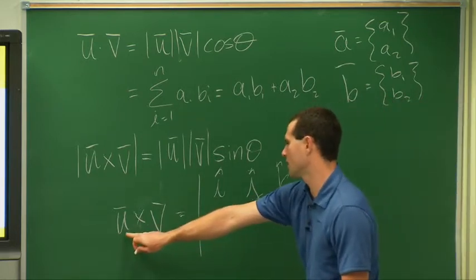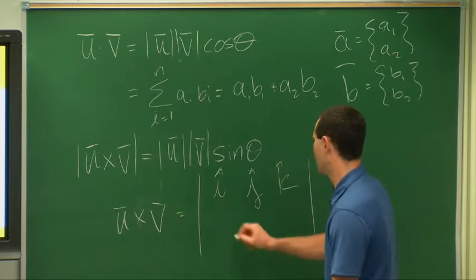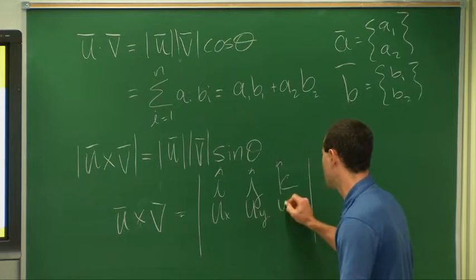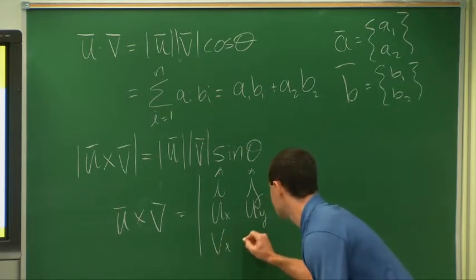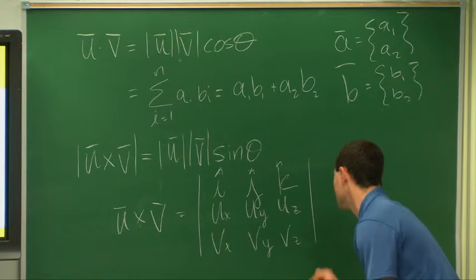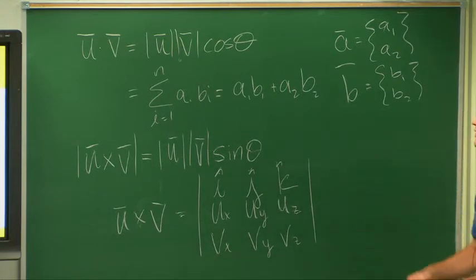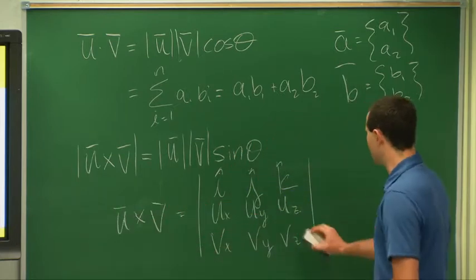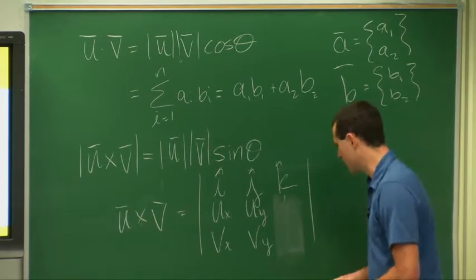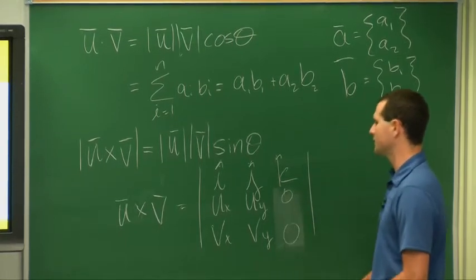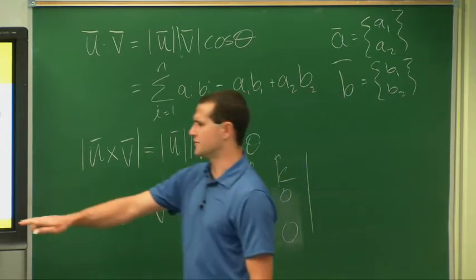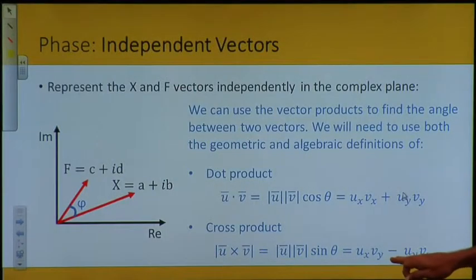For u, if u is a three-dimensional vector, ux, uy, uz, and v, vx, vy, vz, if we solve this determinant, we'll get the cross product. In our case, we're just doing a two-dimensional vector, so these uz components disappear. These are 0. And as you go through the cross product, you're left with ux vy minus uy vx.